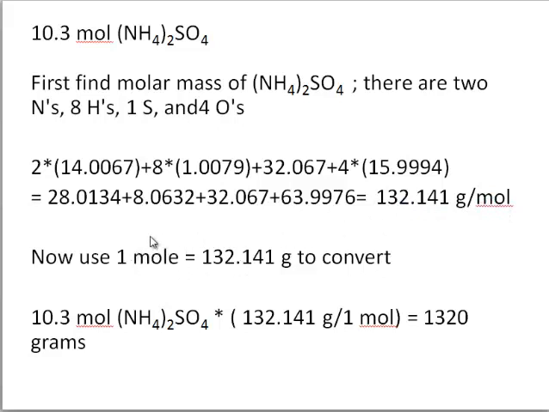And now we have a unit conversion factor, 1 mole of this compound is 132.141 grams. So 10.3 moles can be multiplied by a unit conversion factor. Now note the conversion. Here we have 132.14 grams in the numerator and moles in the denominator. Moles cancel into 3 sig figs. We have 1,320 grams.